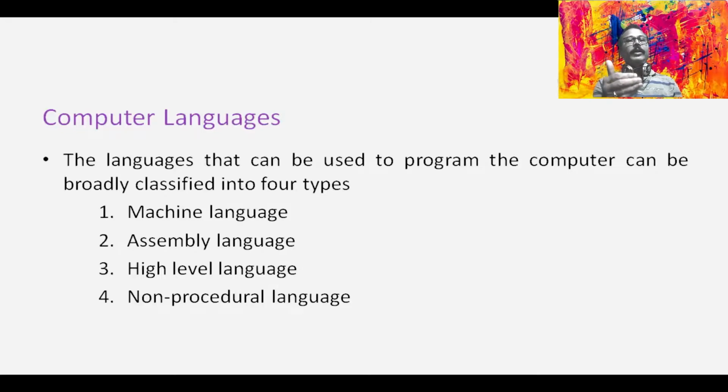But at a higher level of abstraction, we will assume that the machine understands ones and zeros. The language of ones and zeros is called machine language, or a program written using only ones and zeros is called a machine language program.